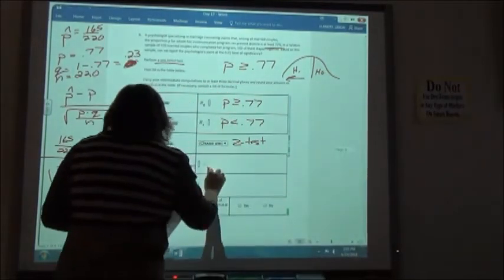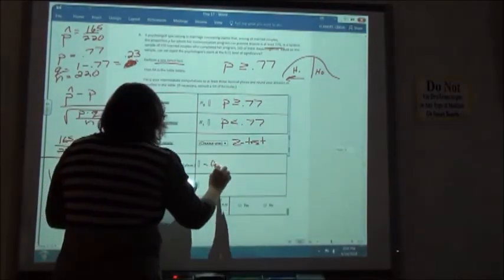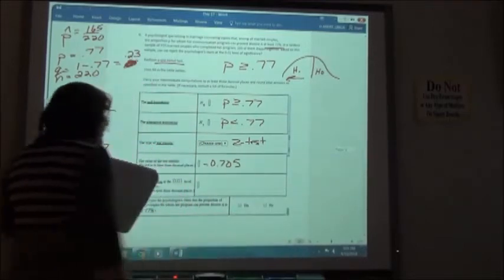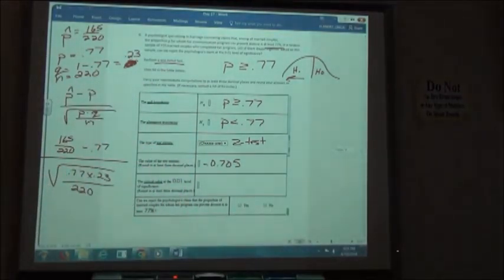Yeah, negative what? 0.705. Yep. Negative 0.705. All right.